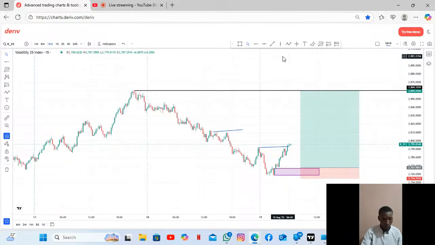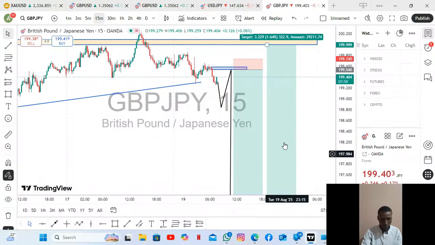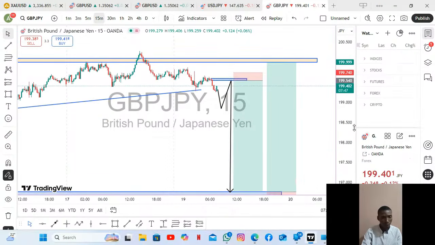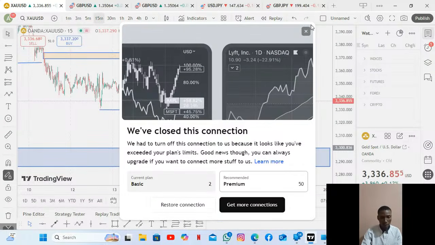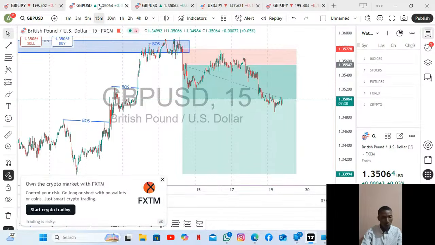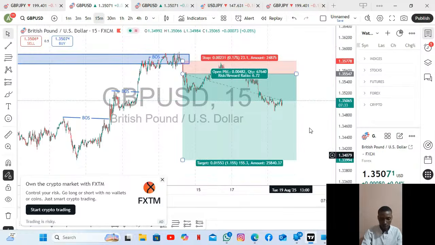All right, fine. As we round up, a recap. We have seen from TradingView, for GBP USD, we said it is an instant sell. You can still enter.